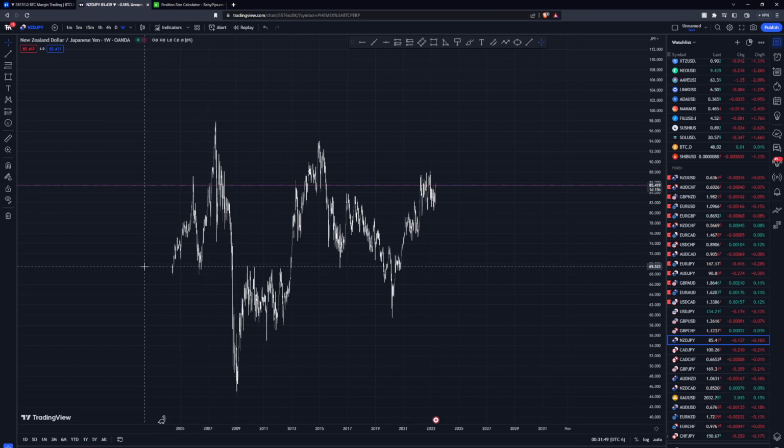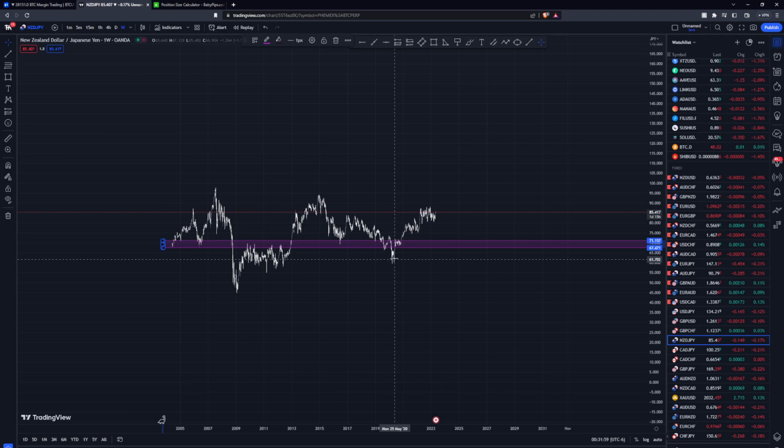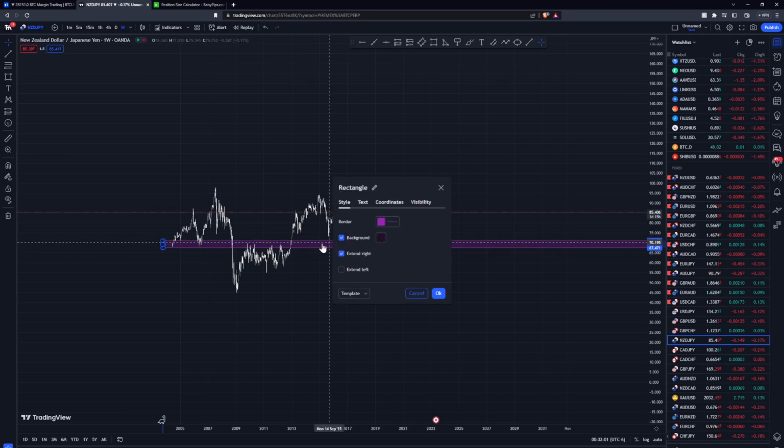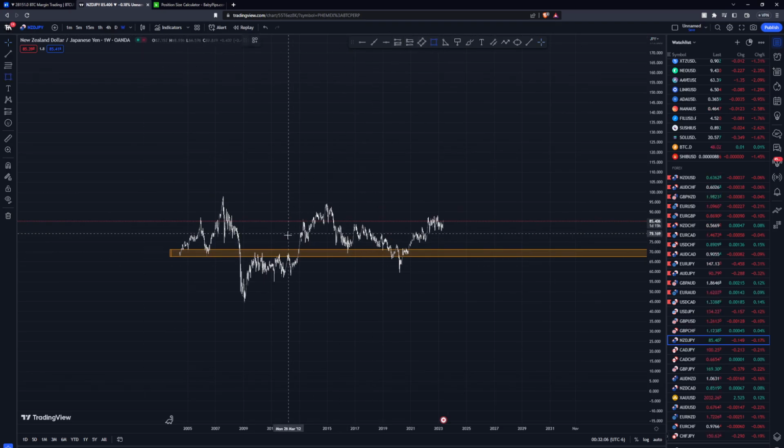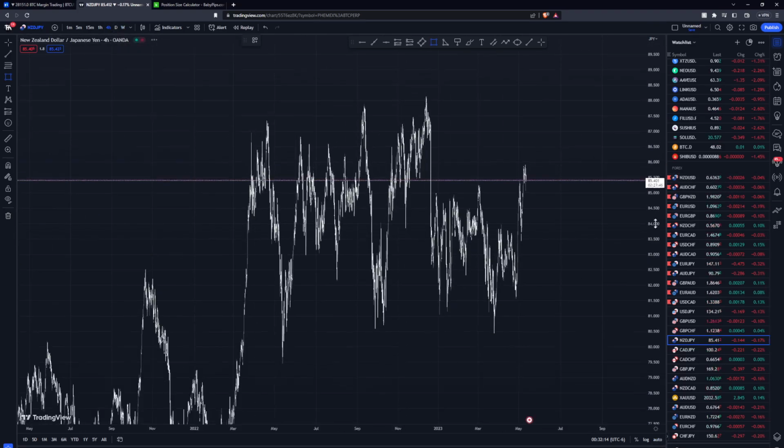Let's see here. This one's kind of weird. I mean, there is something in the middle here for sure, but it has been ignored a little bit right there. But yeah, if I can't find a clear zone, I'm just not gonna bother.